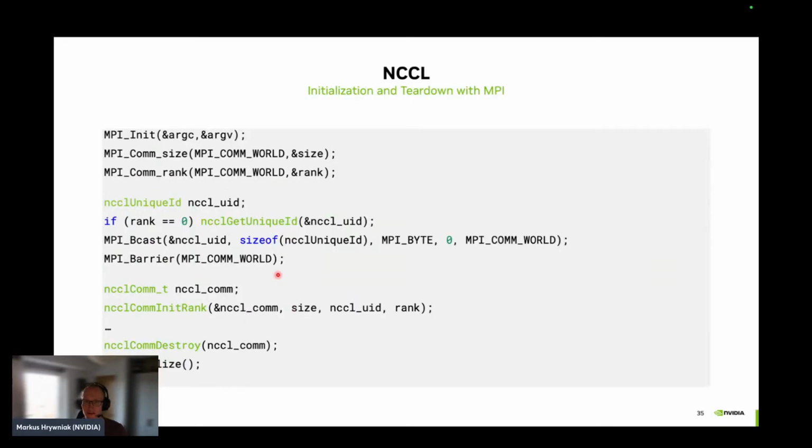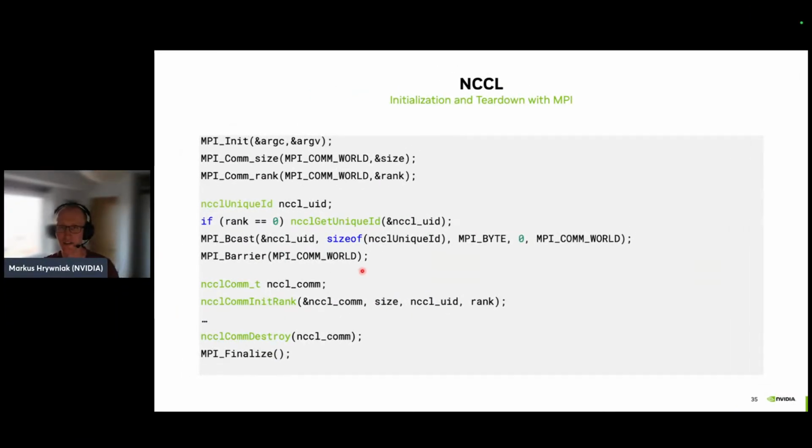Let's look at how we can get started using NCCL. There are several ways you can do it, but the simplest, if you already have an MPI application, is to reuse what you have already done with the MPI setup. So you have the MPI comm, size, and rank. NCCL requires you to create a unique ID on one of the ranks, here on rank 0.